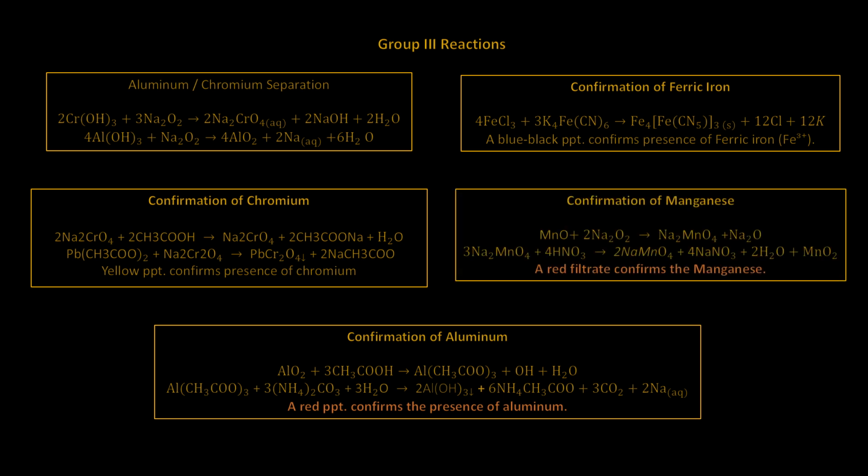The precipitate may also contain some manganese, in the form of manganese oxide. The sodium peroxide combines to form a sodium manganese oxide complex. The addition of nitric acid forms an aqueous manganese oxide compound, causing the filtrate to turn red in color. This red filtrate confirms the manganese in the sample.